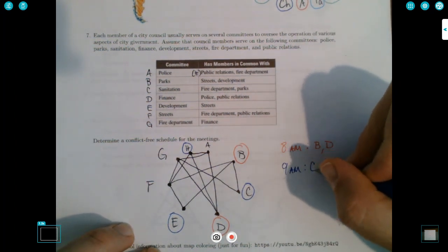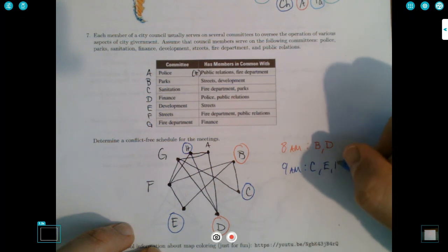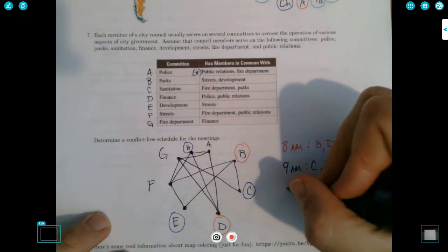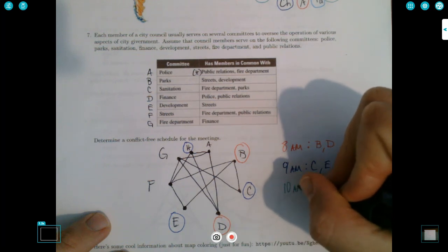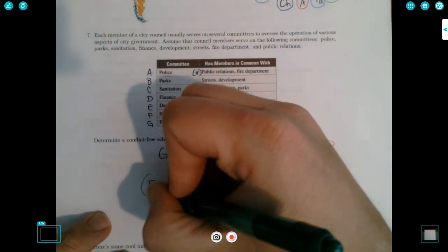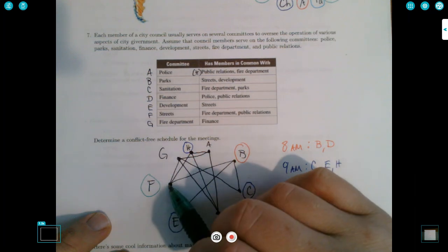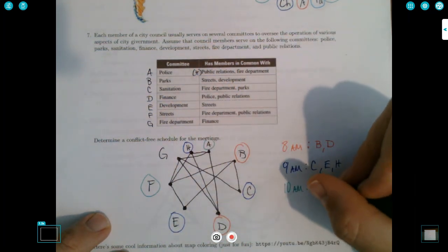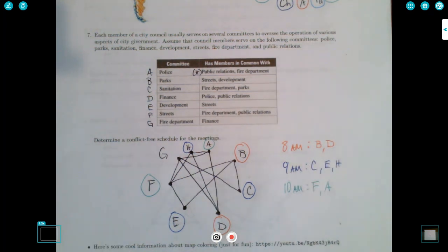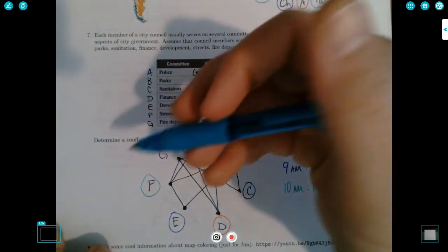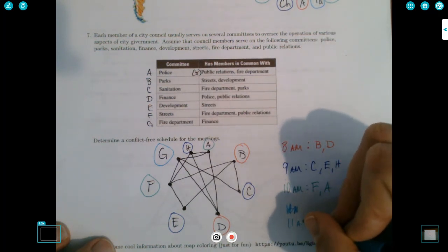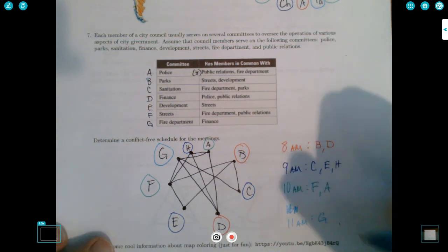I can do C, E, and H at 9 a.m. And then if green represents 10 a.m., I can do F, but then I can't do G. But I could do A. So I could do F and A at 10 a.m. And finally, G can take place at 11 a.m.